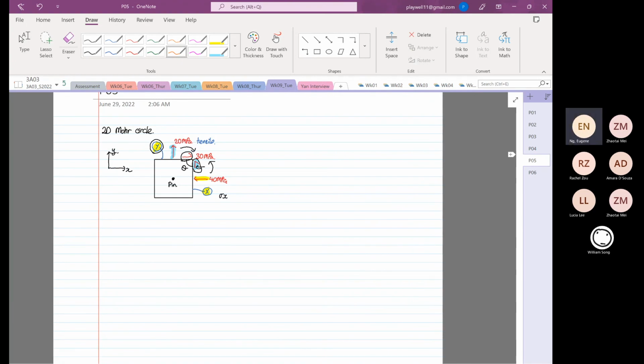Right. So now we are going to look at the same element, but I'm going to do something different. Now I'm going to rotate the angle by 50 degrees. So we are going to look at the stress field at 50 degrees.